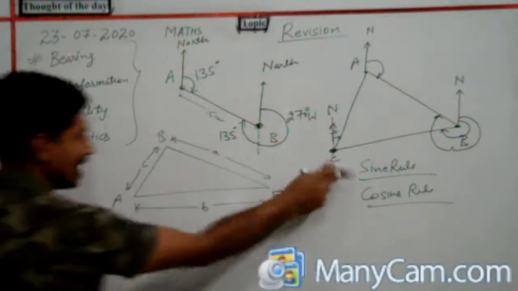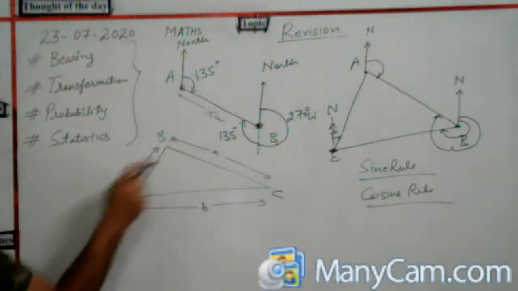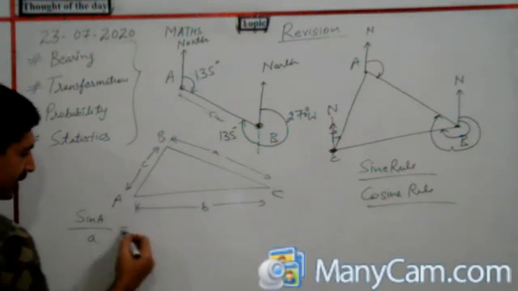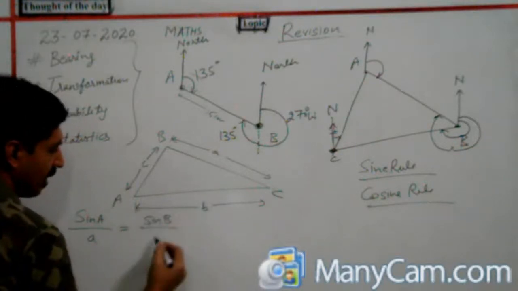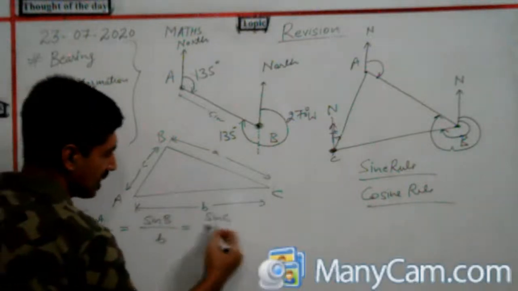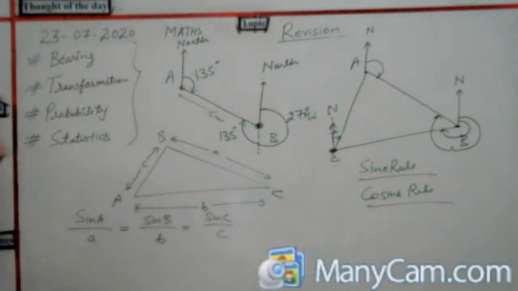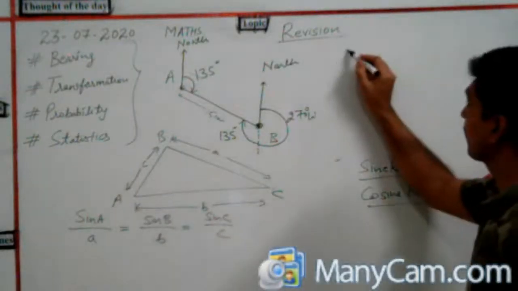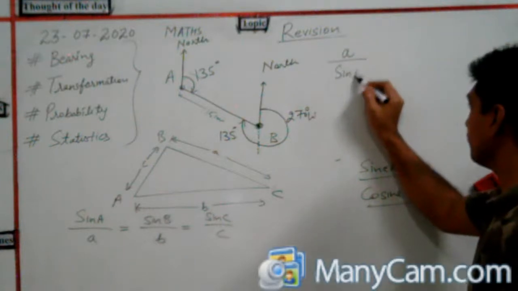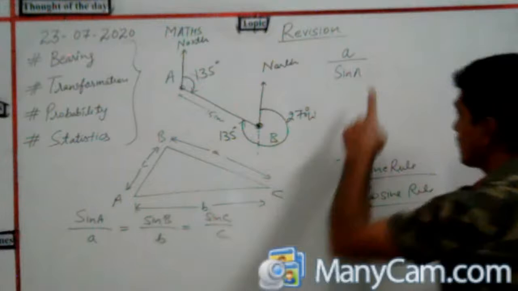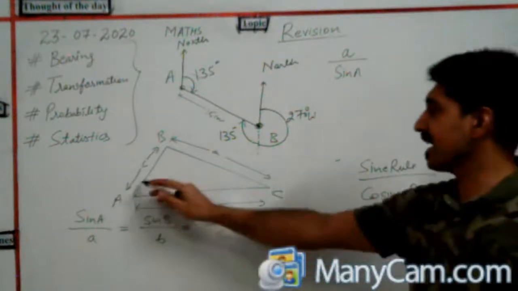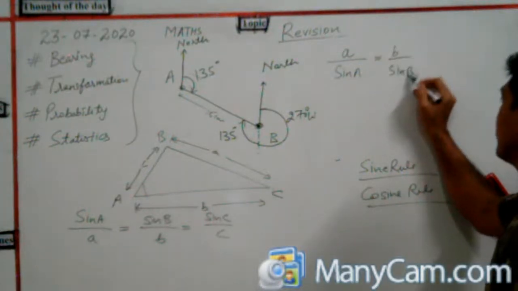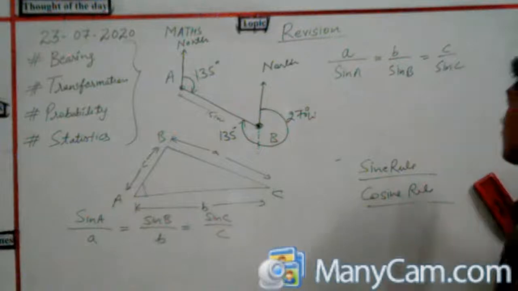So the sine rule says that sine A upon a is equal to sine B upon b is equal to sine C upon c. Or you can write it this way: a upon sine A is equal to b upon sine B is equal to c upon sine C.